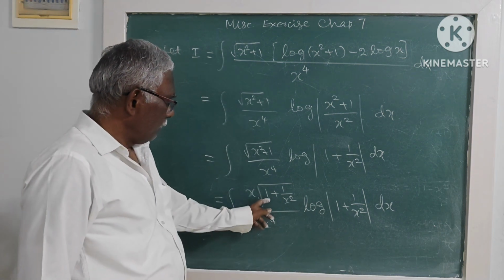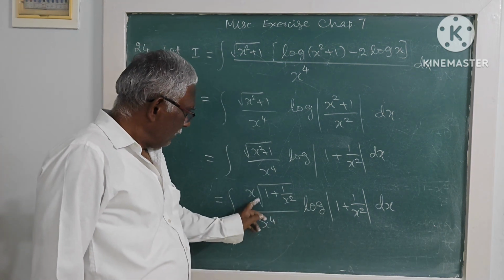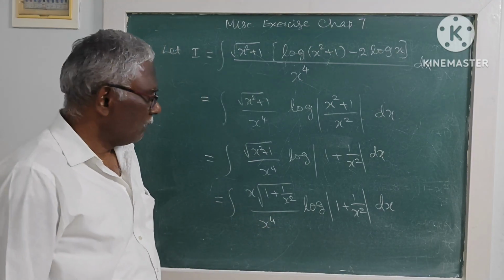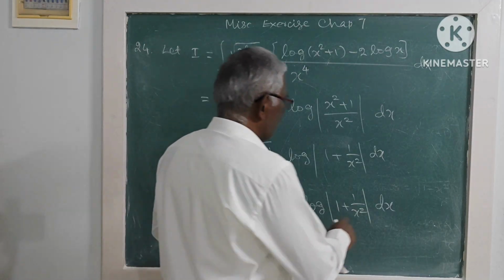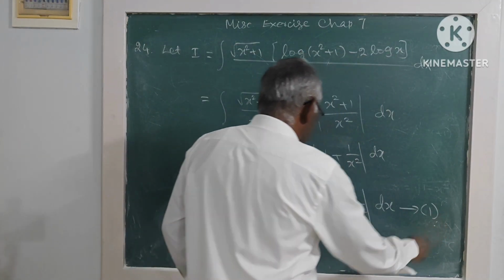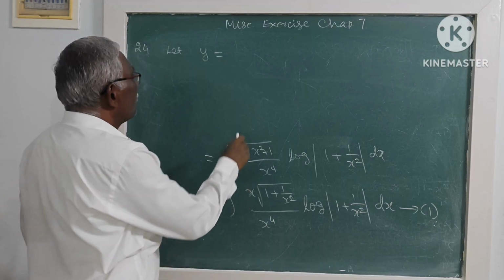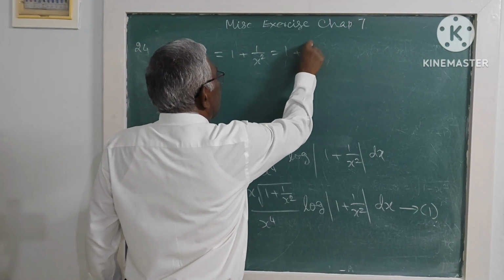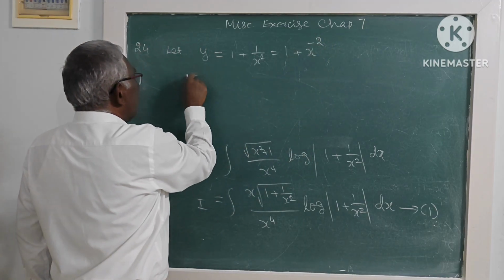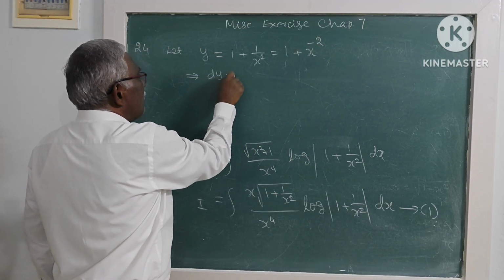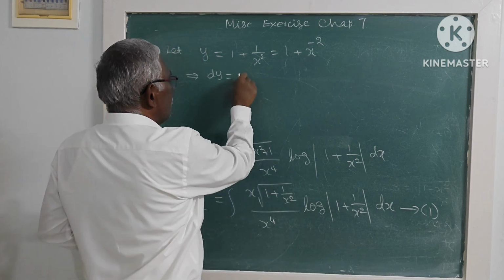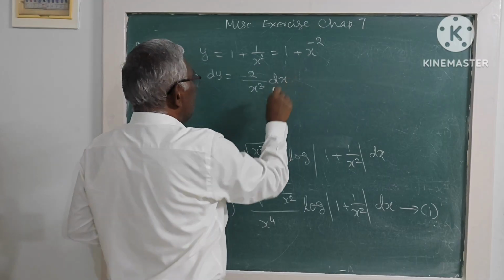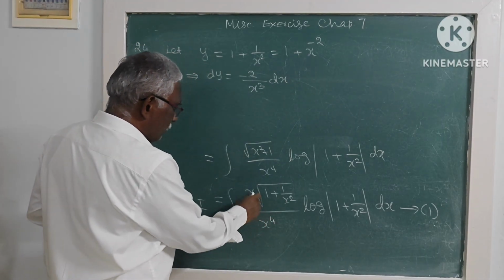If we take 1 plus 1 by x square as y, then while differentiating, 1 by x cube dx becomes part of dy. Let y is equal to 1 plus 1 by x square, 1 plus x power minus 2. If we differentiate, dy is equal to minus 2 into x power minus 3, x cube dx. So this we can write as 1 by x cube.